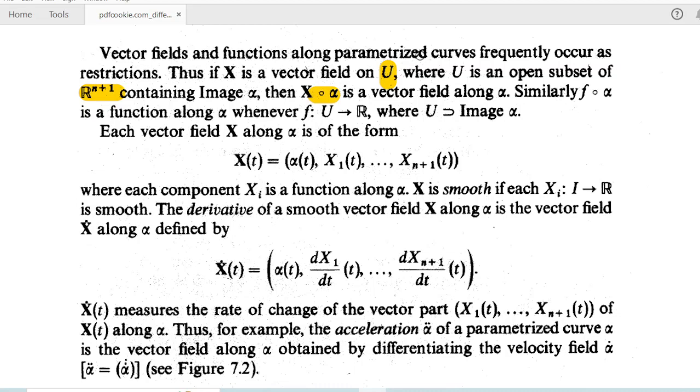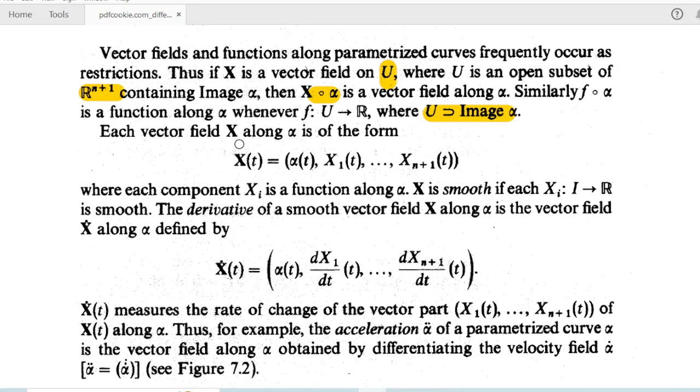Similarly, f composition alpha is a function along alpha. U will contain the image of alpha, that is, alpha of t is in U for all t.